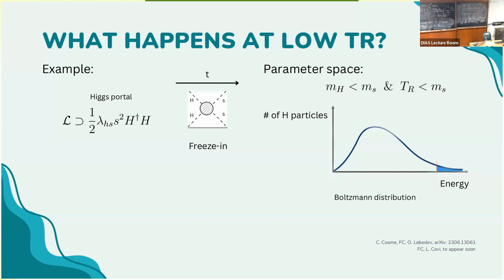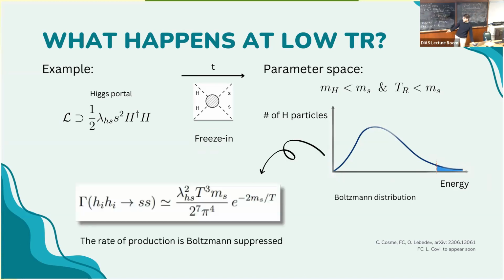If we do that, we go back to our Higgs portal, and for the freeze-in production we are only interested in two Higgses annihilating to dark matter. Now the Higgses that have enough energy to produce dark matter are just in the tail of the Boltzmann distribution of the Higgses that are in thermal equilibrium. So practically my production rate is Boltzmann suppressed because of the amount of Higgses that have enough energy to produce my dark matter.